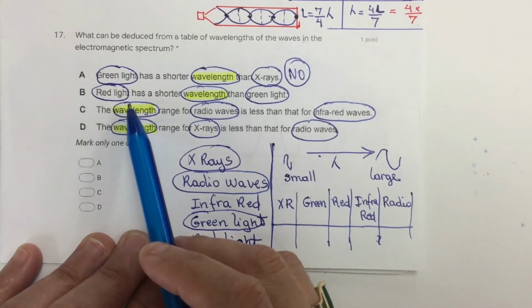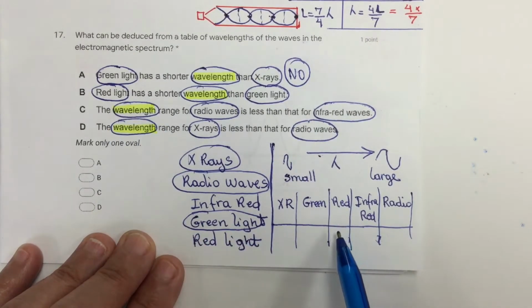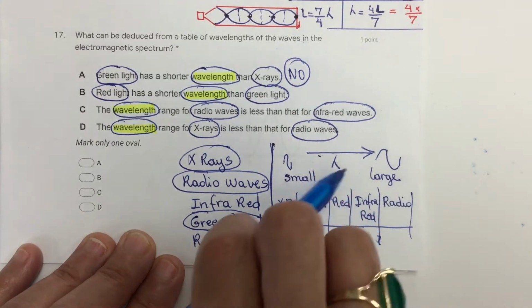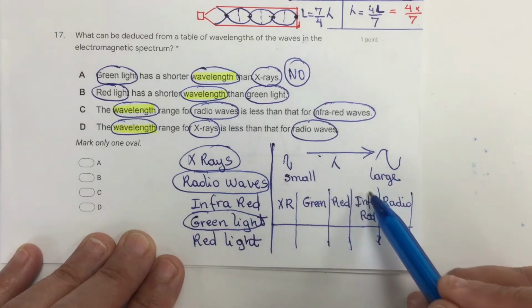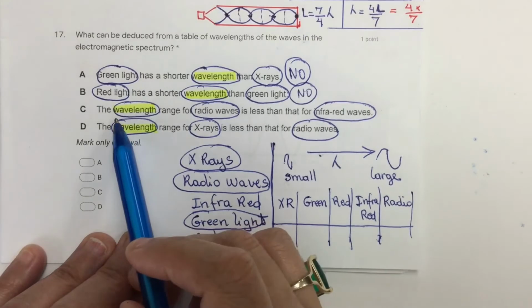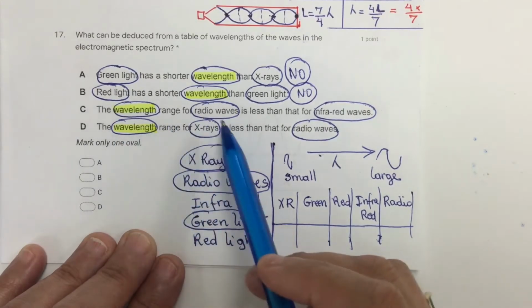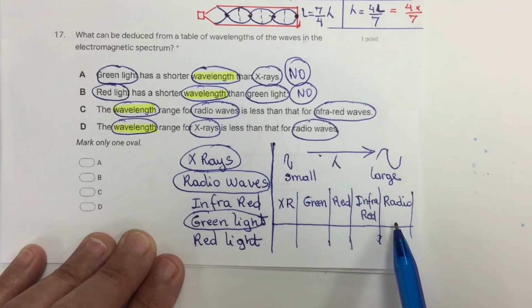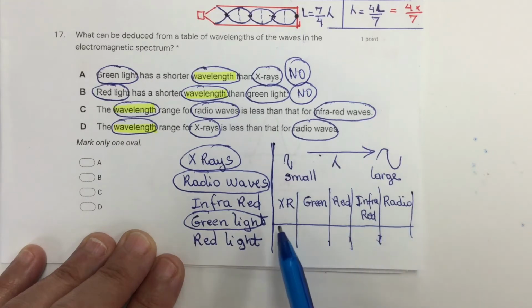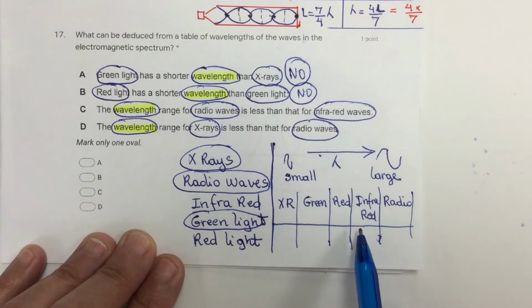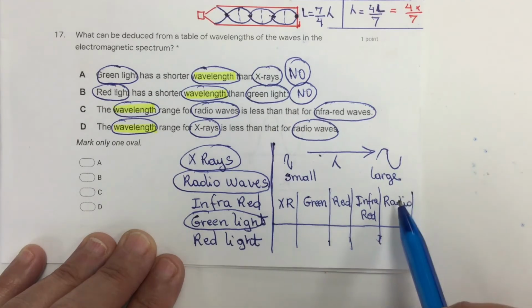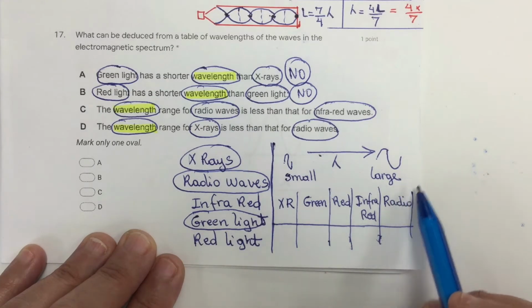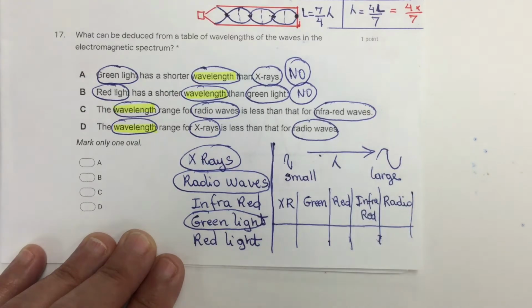Option B, red light has a shorter wavelength than green light. No, because moving this way, the wavelength is getting longer. C, the wavelength range of radio waves is less than infrared. No, because radio waves have a longer wavelength than infrared.